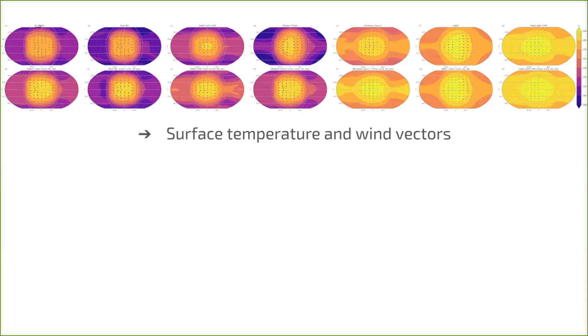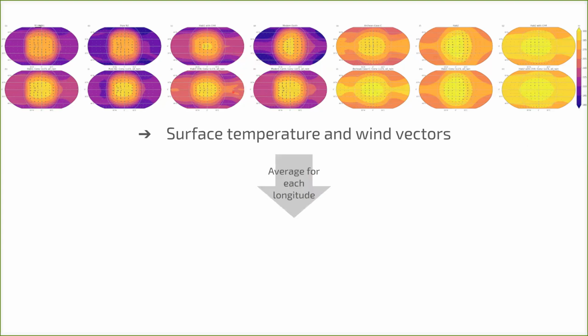We can see here the results of these simulations, and first of all, of course, there are differences between each of the atmospheric compositions because of the different greenhouse effect. But you also start to pick up differences between the top row, mass flux, and the bottom row, the adjust.